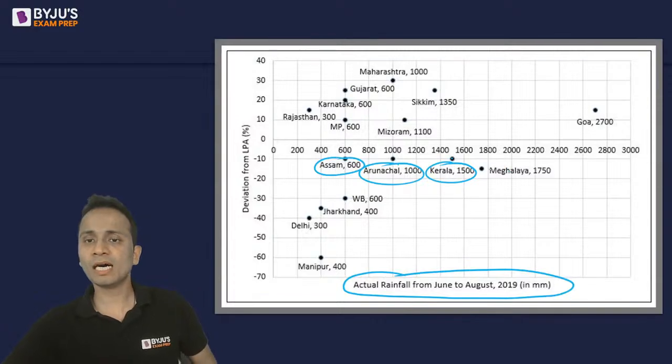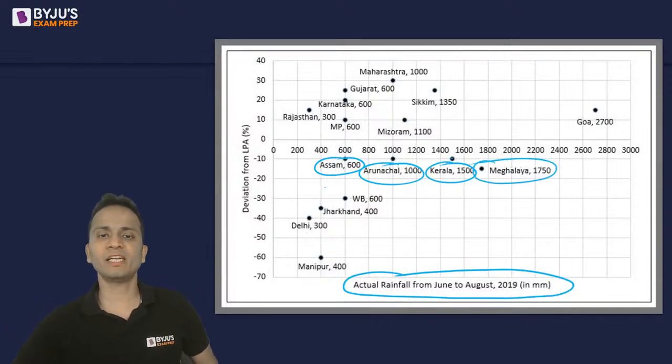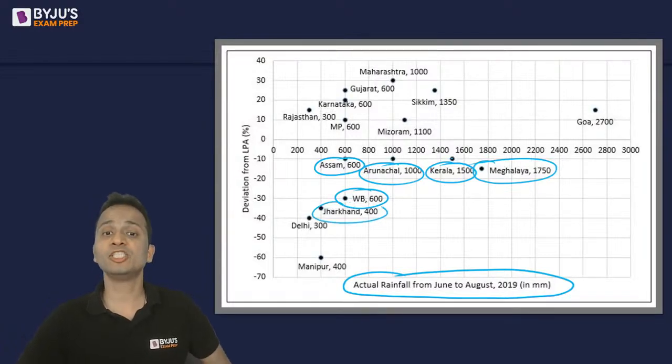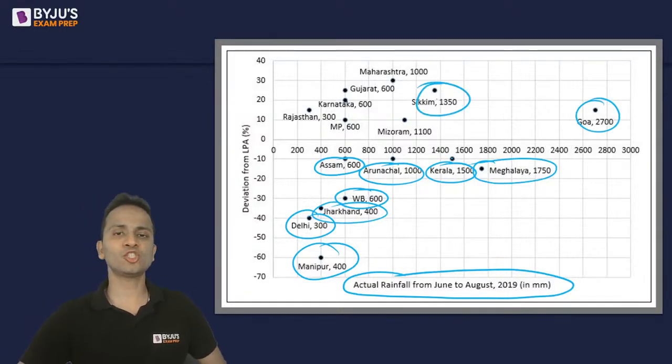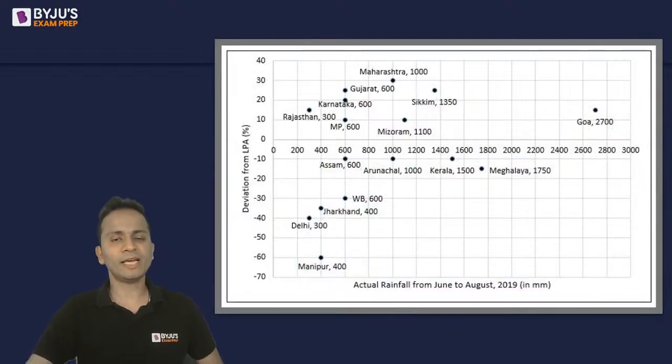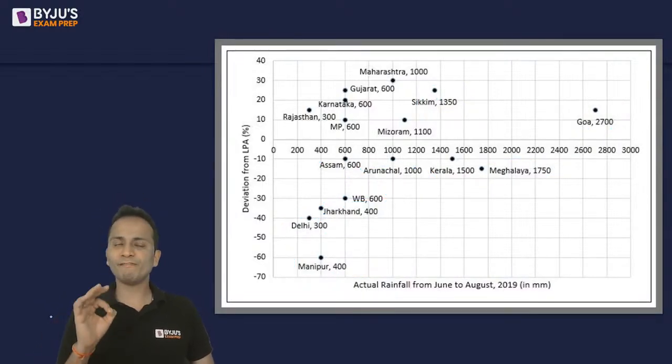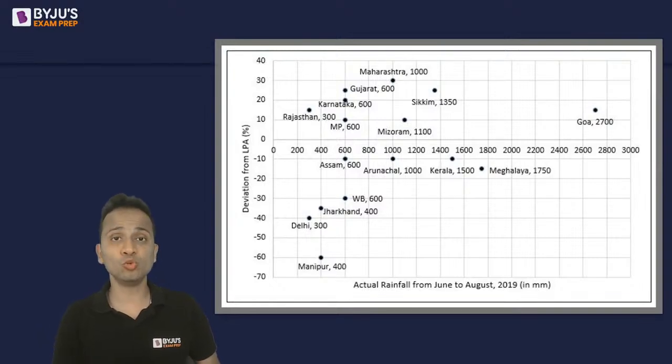Similarly, Meghalaya is 1750, WB, probably West Bengal, is 600, Jharkhand 400, Delhi 300, Manipur 400, and so on, Goa, Sikkim, and so on. So this is the data for 16 states, right? One value that we can read from this chart is the actual rainfall from June to August for these 16 states for the year 2019.